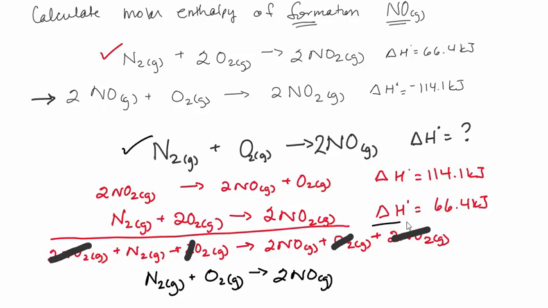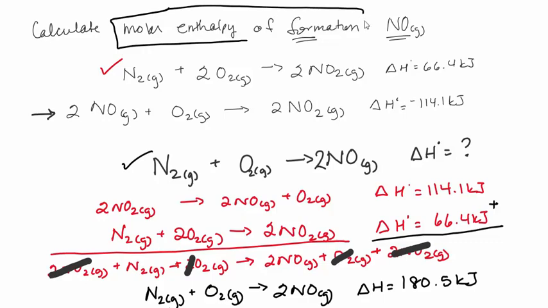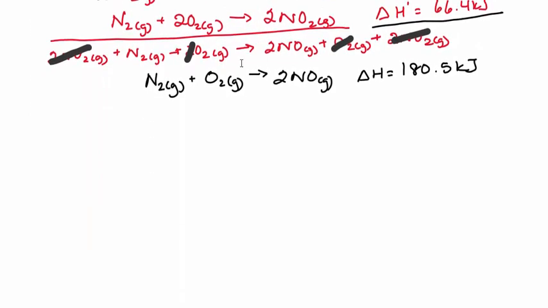So my delta H is then going to be a sum of these 2 parts. So the delta H here is 180.5 kilojoules. But we are not done because the question specifically asked for the molar enthalpy of formation. This is the enthalpy of formation of 2 moles of this compound. We need the enthalpy of formation of 1 mole of this compound.